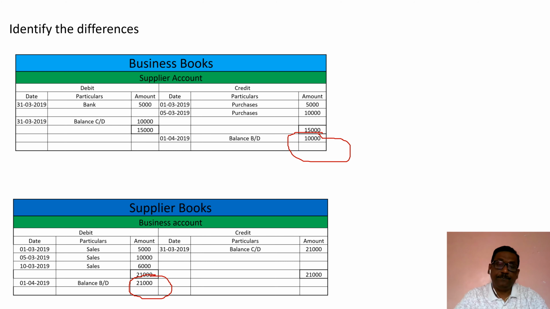If you look here, there are two purchases recorded in my books, whereas in supplier books there are three transactions recorded. 5,000 matching, that is recorded. 10,000 recorded, no difference there. Clear?